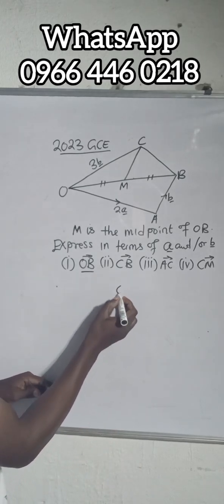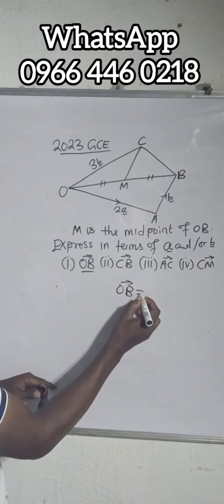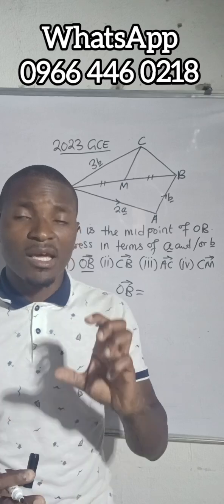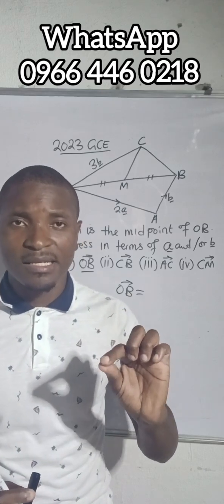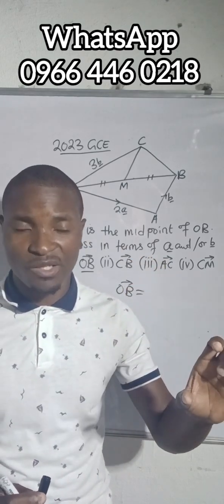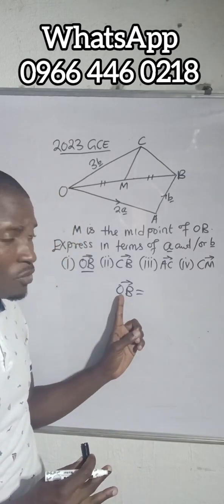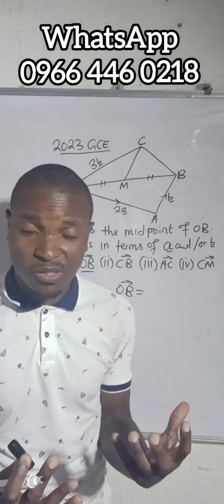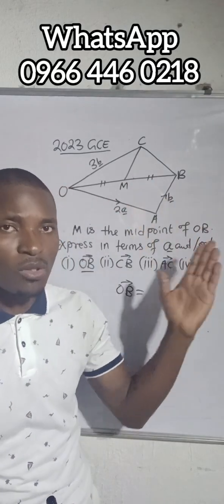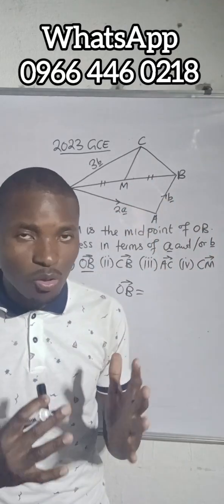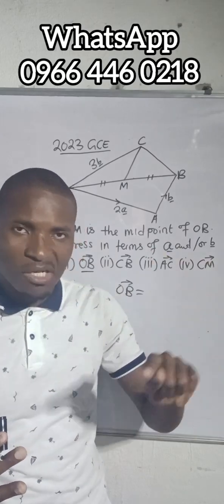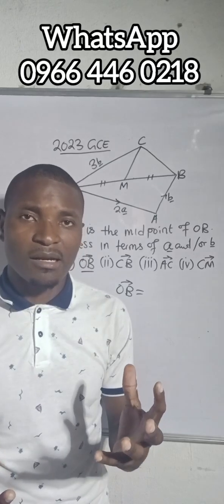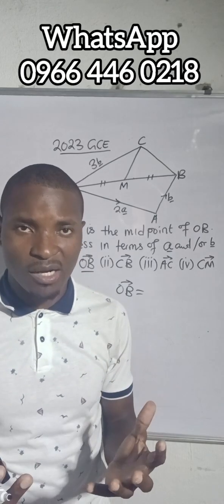So to find vector OB, the most important thing when you're solving vectors is to ensure that you understand the direction in which you're moving, okay? So I'm starting from O and then ending at B. And I have to ensure that, whatever diagram I've been given, I try by all means to ensure that the direction that is going to form OB is, at the end of the day, forming what you call a triangle.